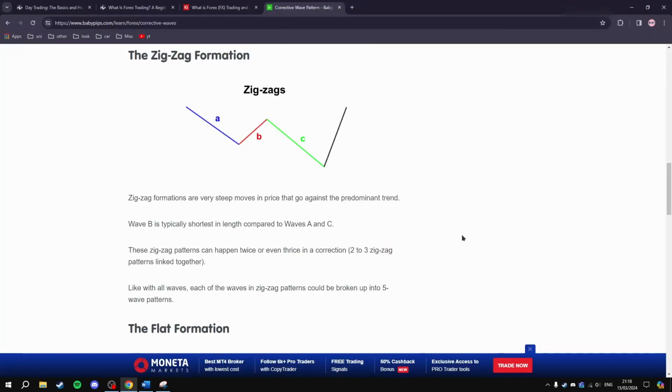These zigzag patterns can happen twice or even thrice in a correction. 2 to 3 zigzag patterns linked together.